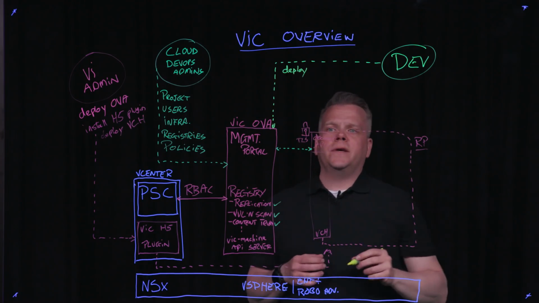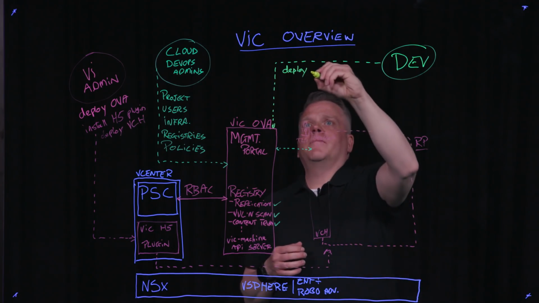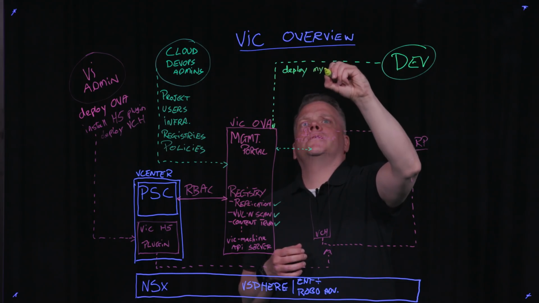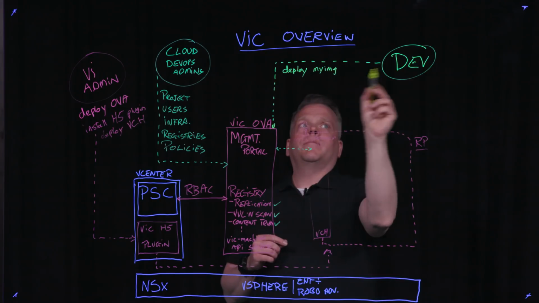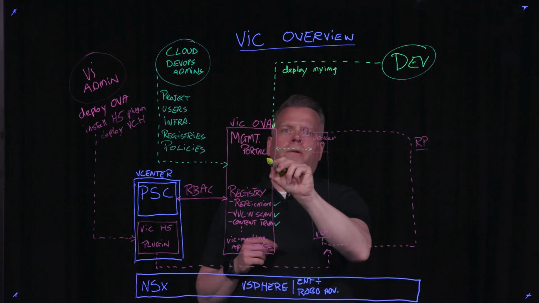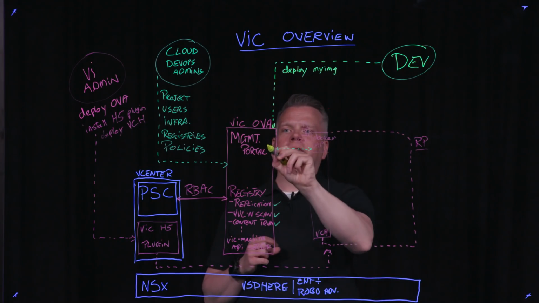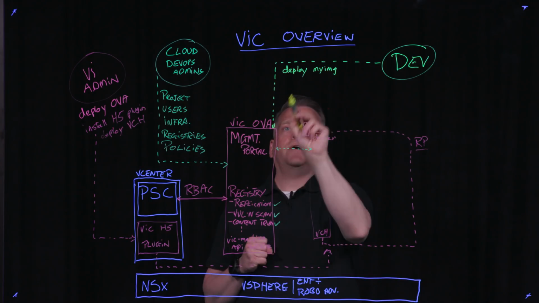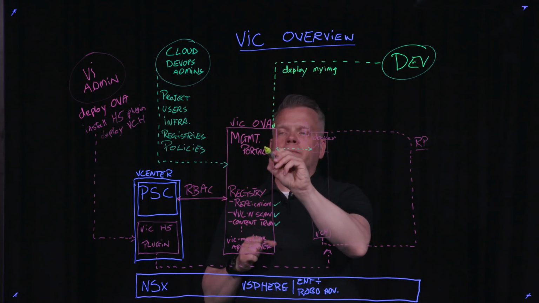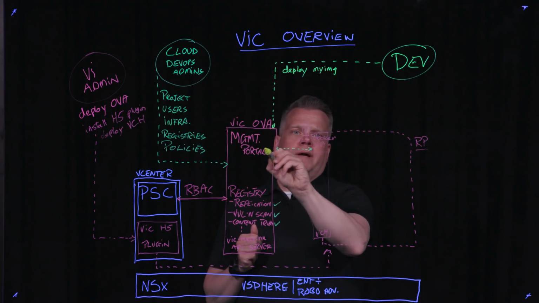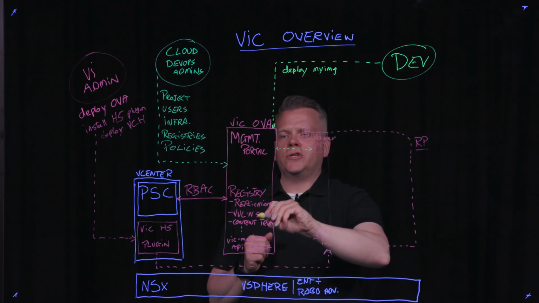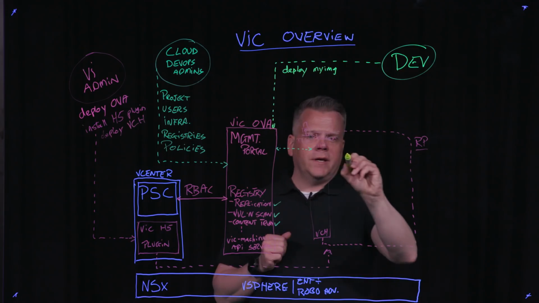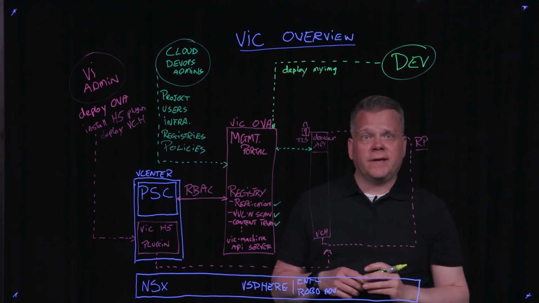Let's just use a container image called my image as an example here. So the developer comes into the management portal. They see that my image is available in the registry. They initiate a deployment, so the VIC appliance will talk to my container host. The container host will pull my image from the registry, and then they will instantiate the container.